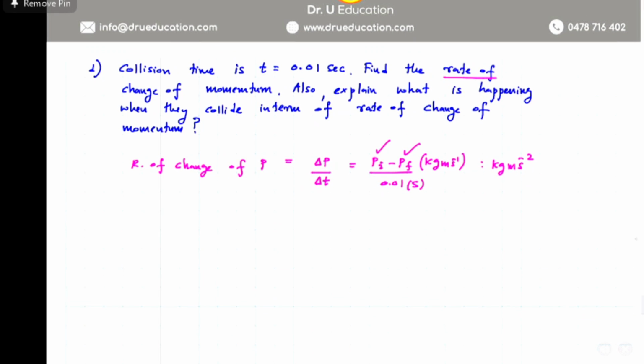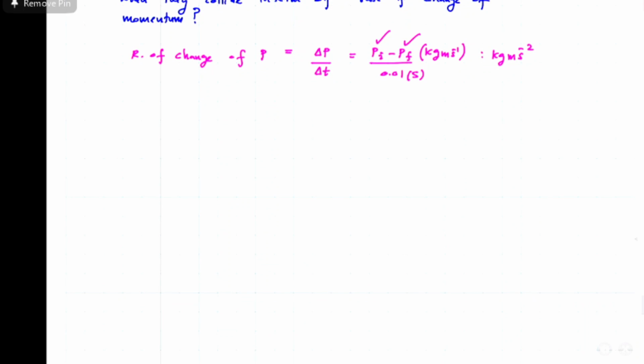Now also explain what is happening when they collide in terms of rate of change of momentum. Now think in this way. I will help you to think. This is where the collision is happening.